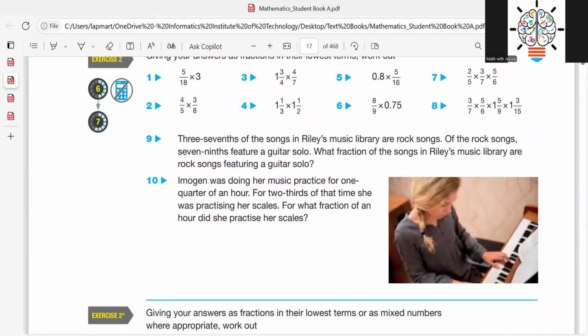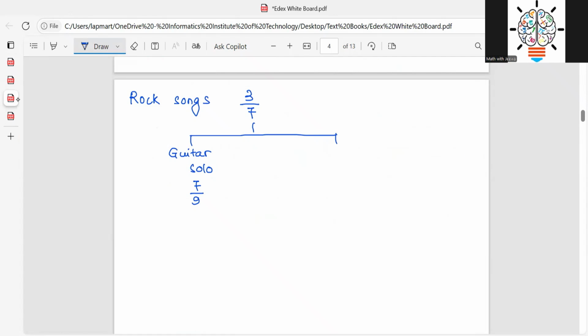So what they ask, what fraction of the songs in Ryle's music library are rock songs featuring guitar solo? So the whole thing, 3/7, is the rock songs. Out of the rock songs, the guitar solo, you have 7/9. We want to see what the fraction is for rock songs with guitar solo.